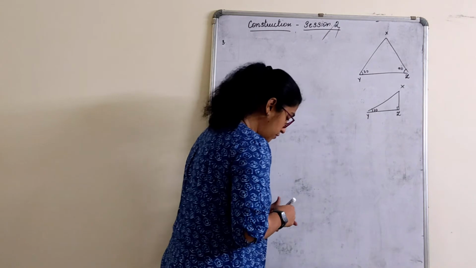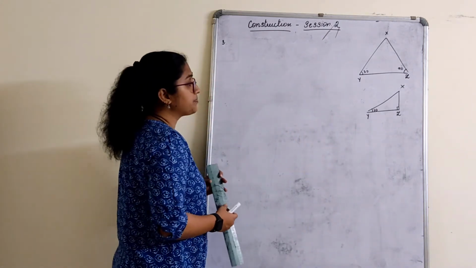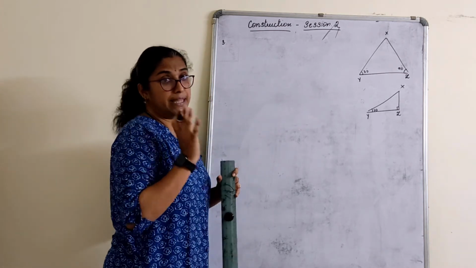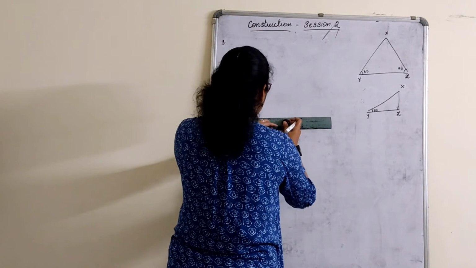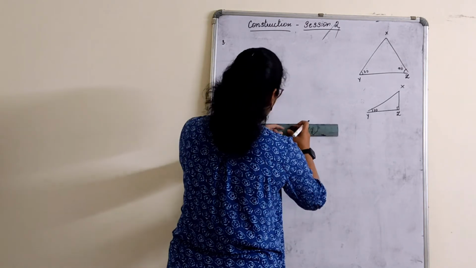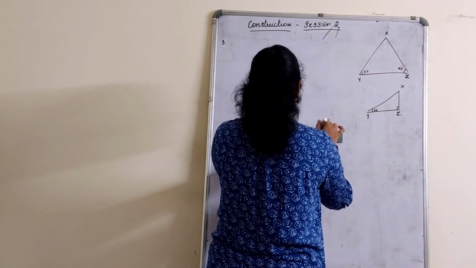For this question, what we have to do is just imagine that the base is nothing but the perimeter. So, what was the perimeter given? Perimeter is given as 11 centimeter, right? Sum of all. We will draw the base for 11 centimeter here.